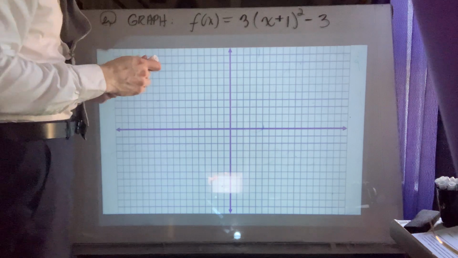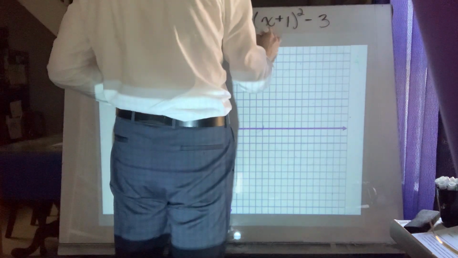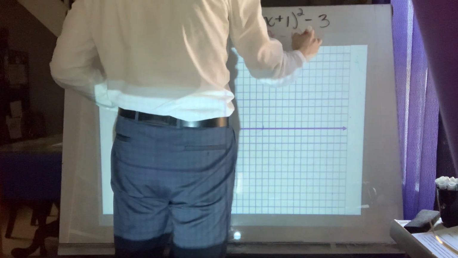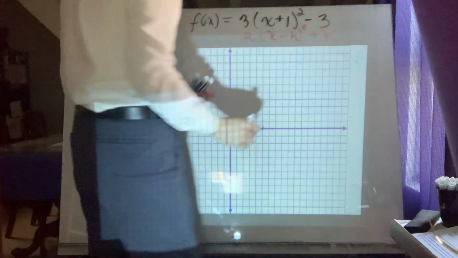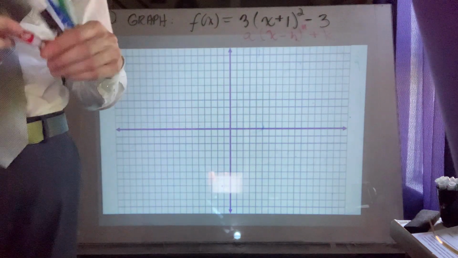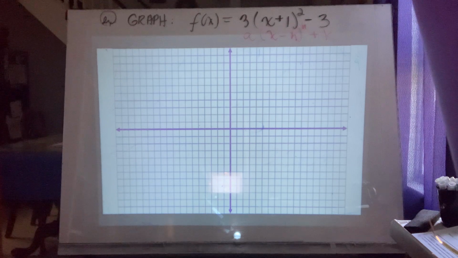And I'm just going to slip underneath it a model that is good to compare to, a(x - h)^2 + k, the transformation model, otherwise known as the standard or vertex form of the quadratic function.